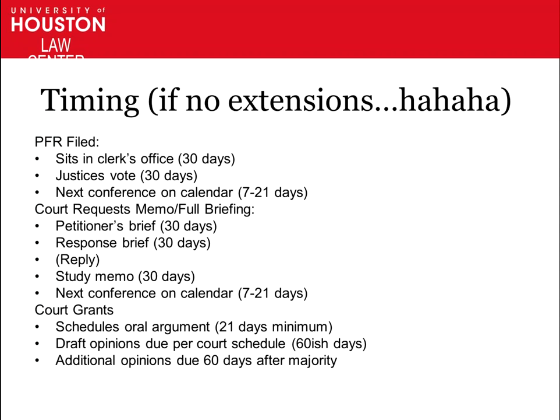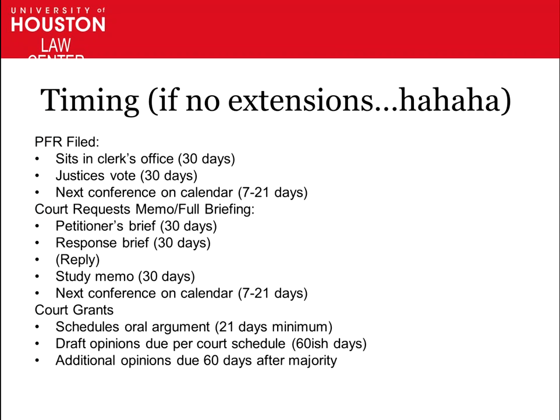But we talked about the 30 days where the petition is held, and then the judges have 30 days to vote, and then you have to see when the next conference is, and that could be a month away. Anyway, when you start counting those up, you're like, okay, that's 7 months with no extensions from when the petition's filed to the court granting it.